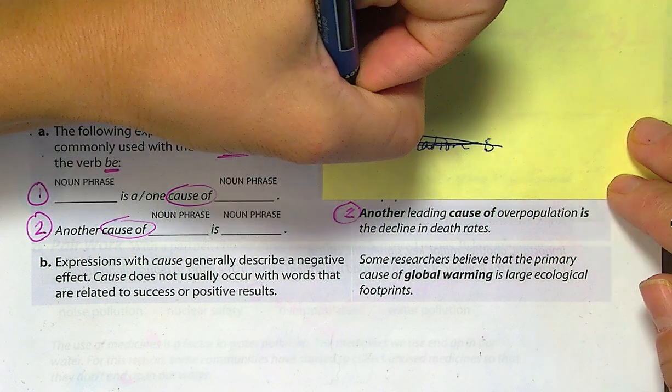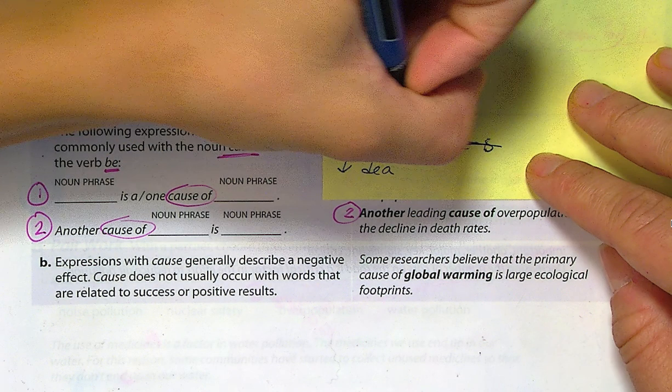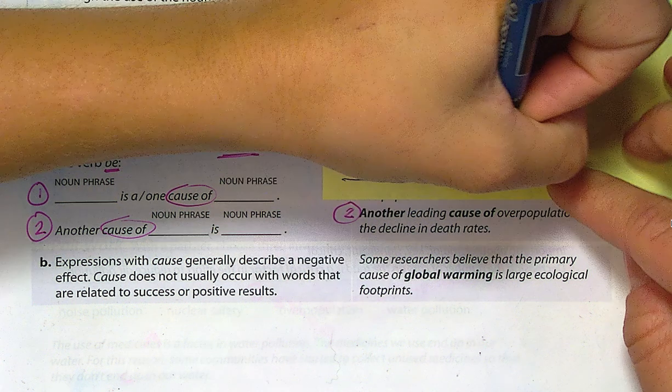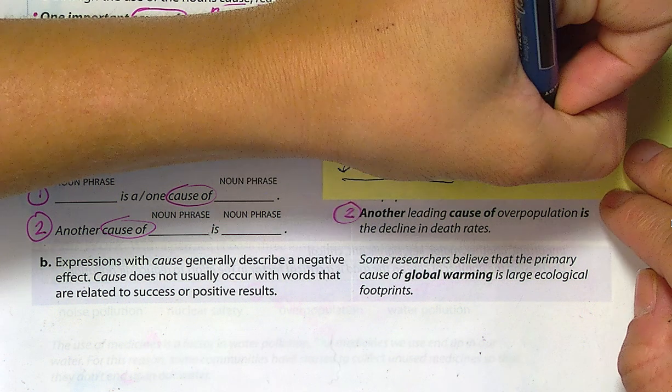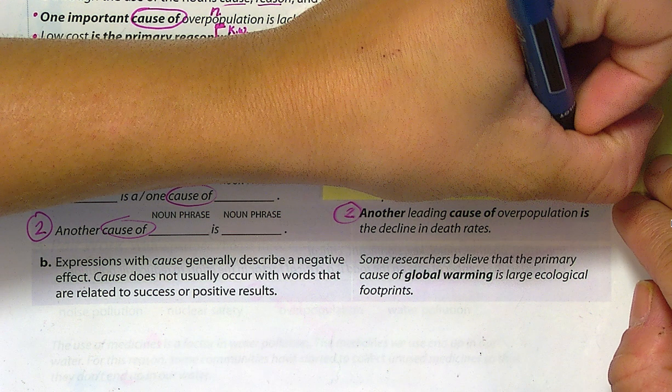It would look like declining death rate is one cause of overpopulation.